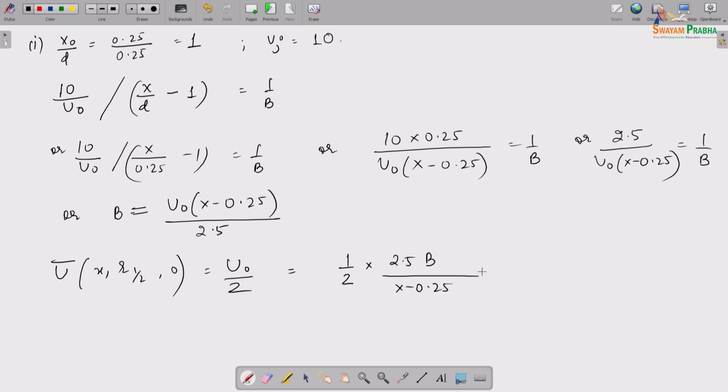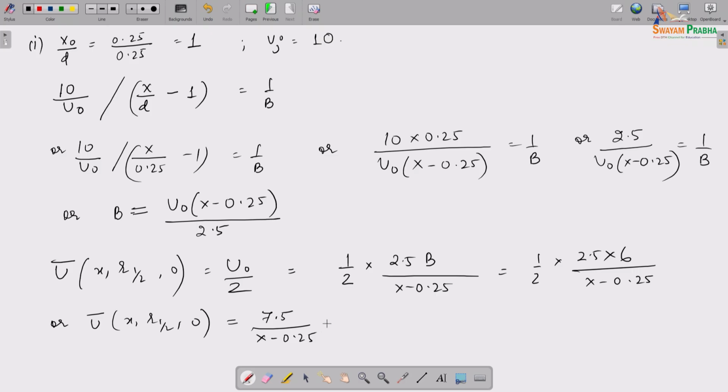So which is again equal to half into 2.5 into 6 by x minus 0.25. So u mean x r half 0 is equal to 7.5 by x minus 0.25.